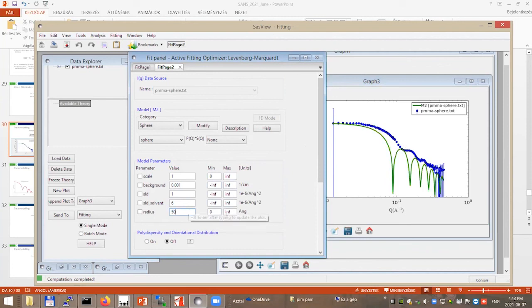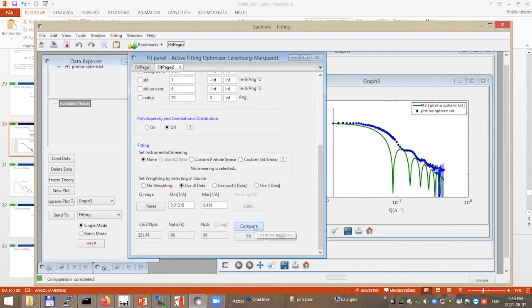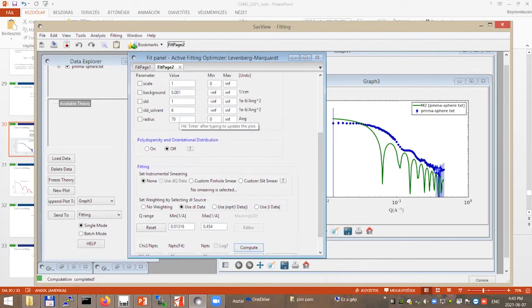So what happens if we modify this? We put, for example, 70 and make a computation. We see that this oscillating pattern shifts even more to the left. So clearly we have a much higher size in the model than the size of the real particles.